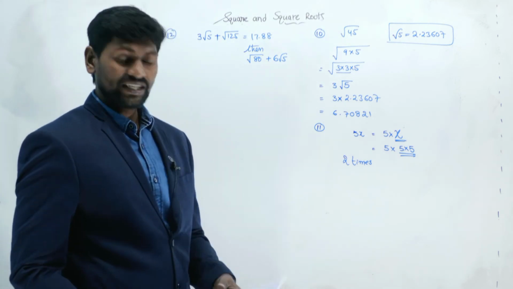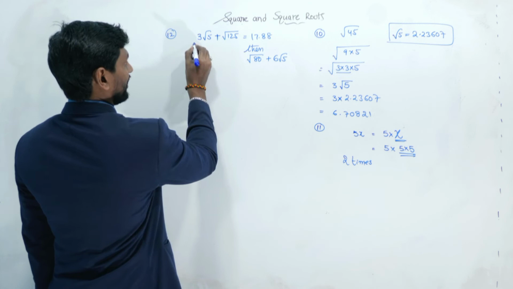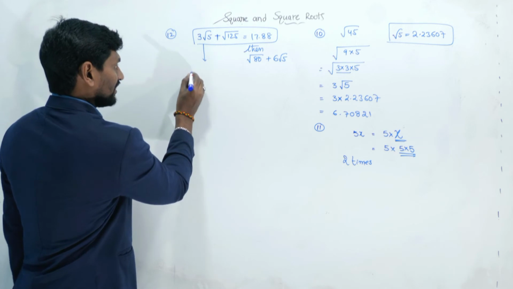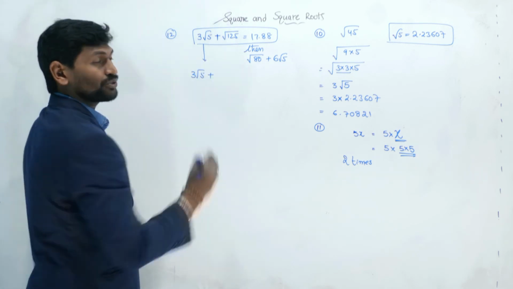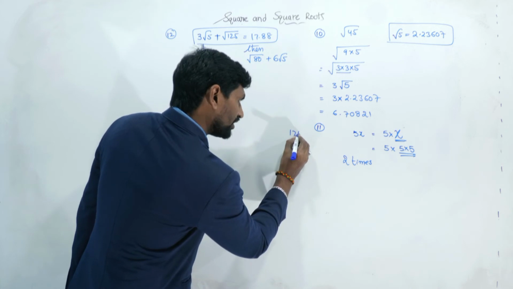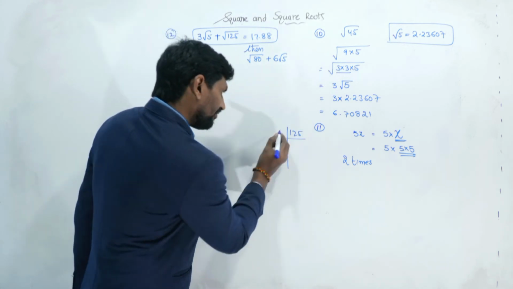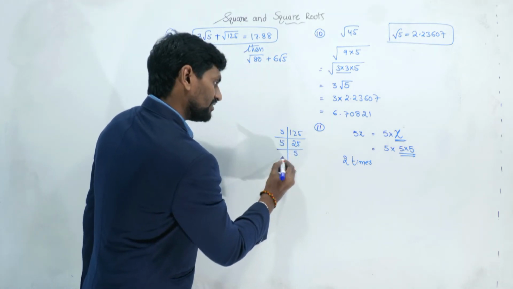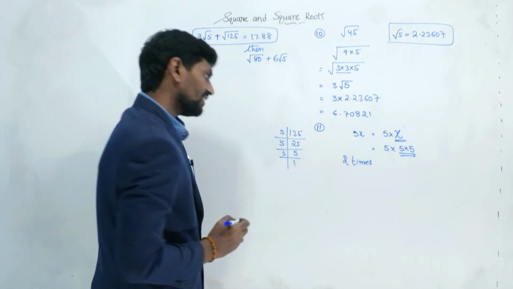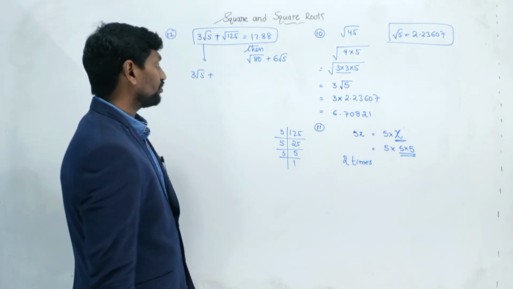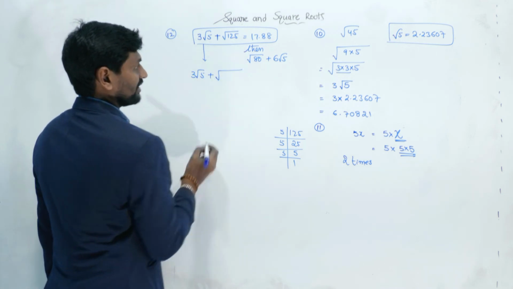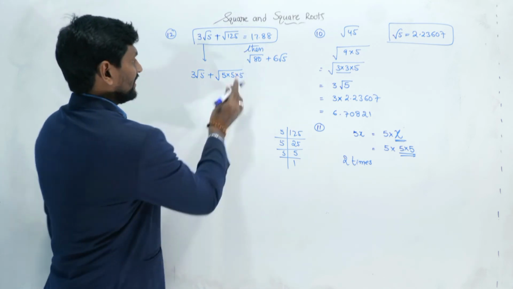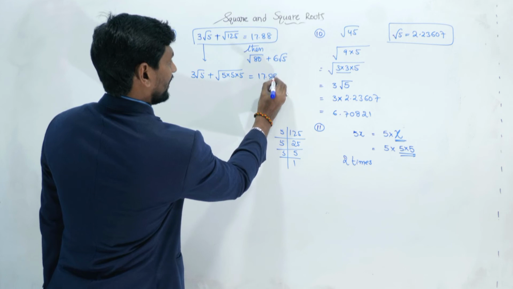So let us identify this value. I am taking the given condition. 3 root 5 as it is I am writing, plus root 125. For 125 I am doing the prime factors: 5 twenty-fives are 125, 5 fives are 25. 125 is nothing but a cube number, 5 into 5 into 5. That means I am writing 125 as 5 into 5 into 5. This value is given 17.88.